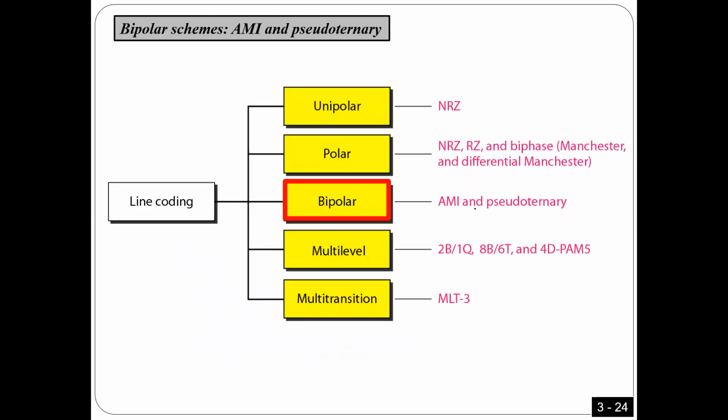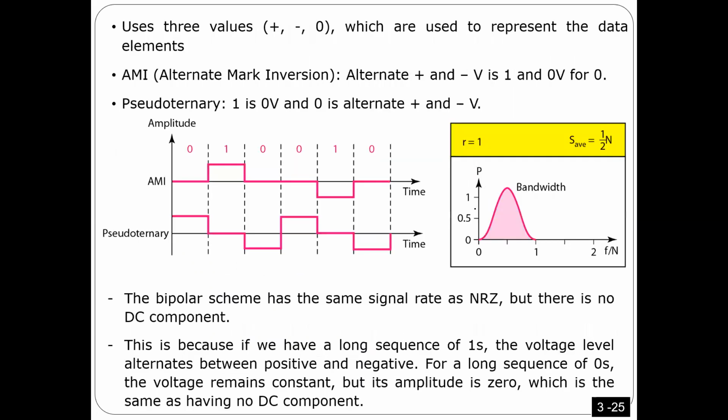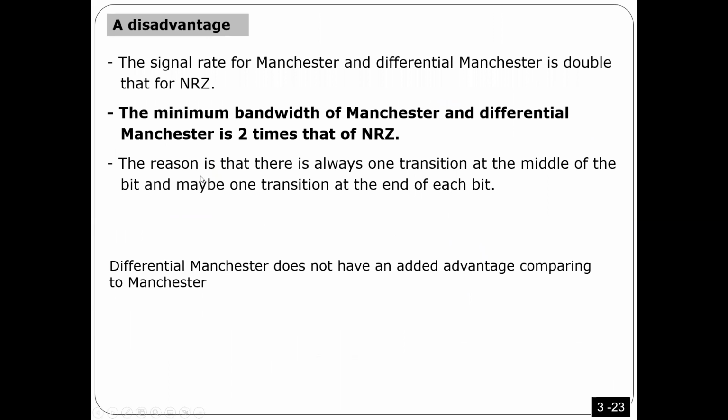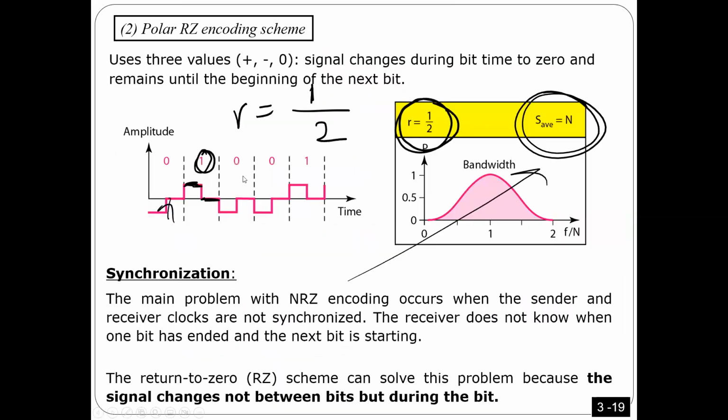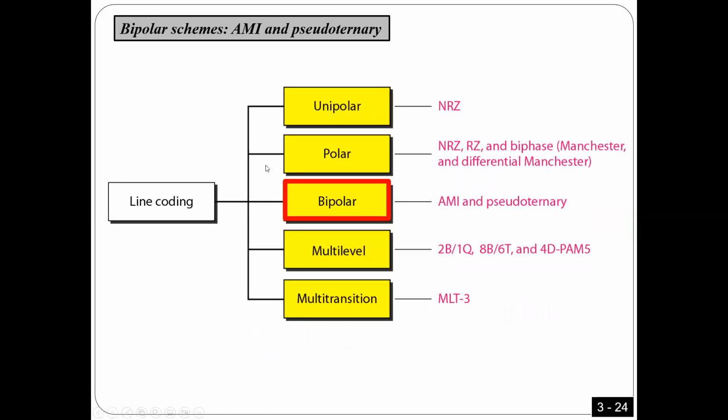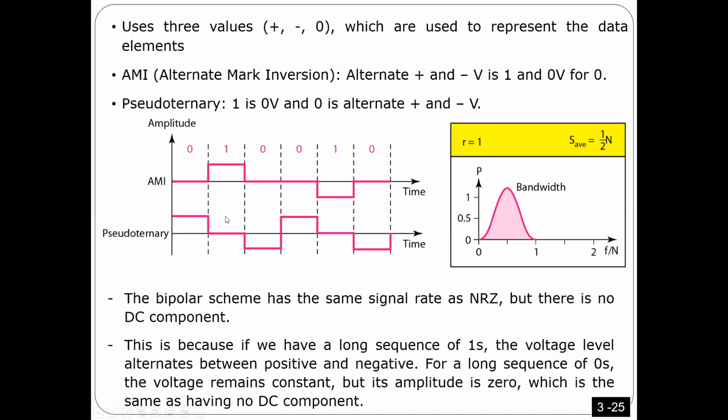Now I'm going to move to the next one, bipolar. The idea of bipolar is somehow interesting. First of all, as you see here, in every bit duration we're not going to go to 0 or make any transition. This is different from what we did here, where in every bit duration there is a transition and we have to go to 0 for synchronization. For synchronization, we're going to do something else.